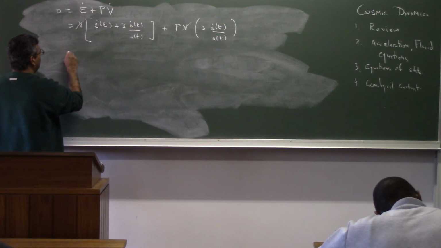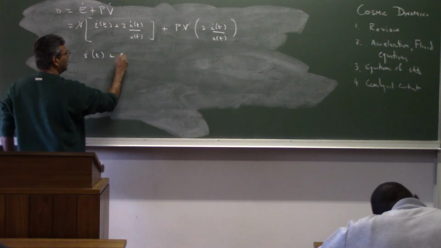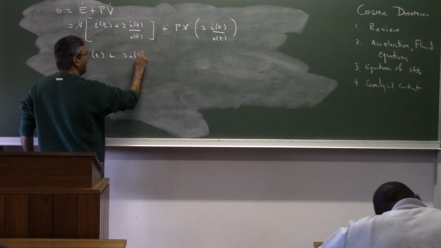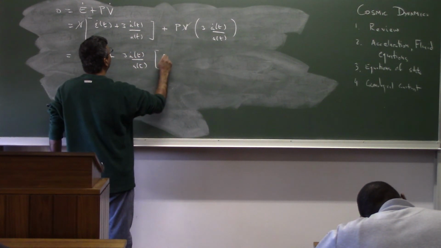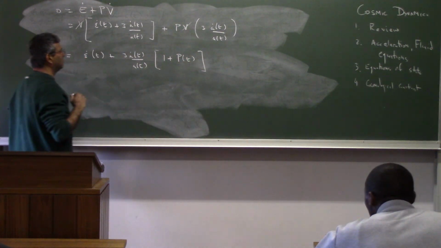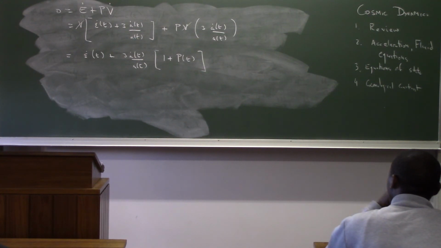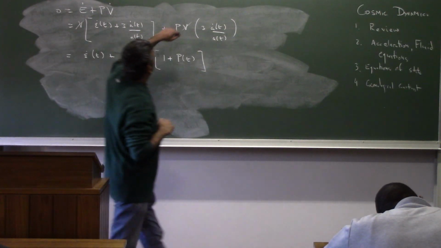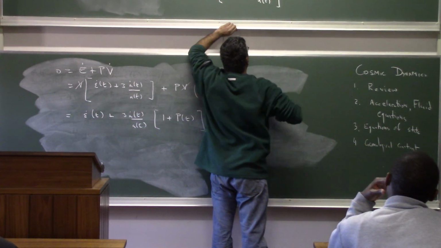And we have 0 is epsilon dot(t) plus 3 a dot(t) over a(t) times epsilon plus P(t). I screwed something up, there is an epsilon here.